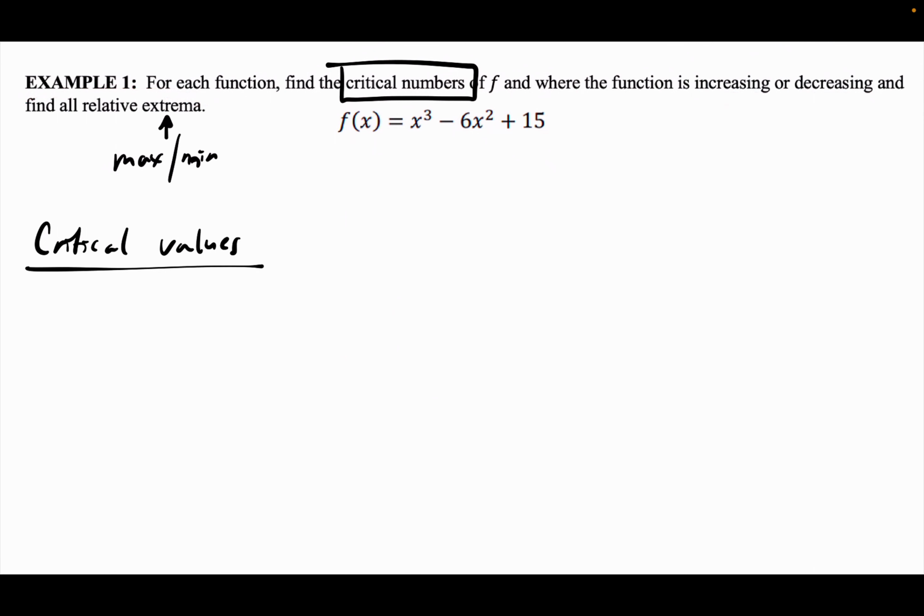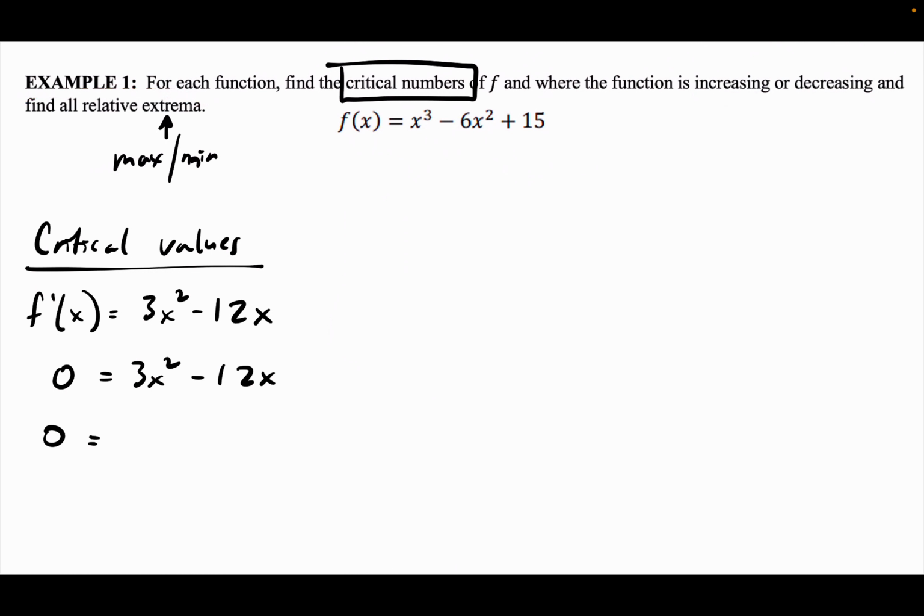The first step to find critical values is to find the derivative. The derivative is going to be 3x squared minus 12x. Set the derivative equal to 0 and solve. Well, it's a binomial.